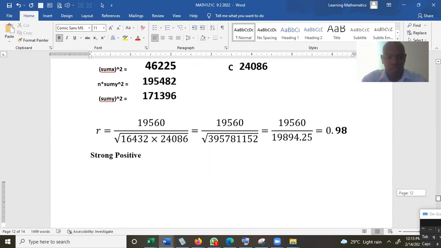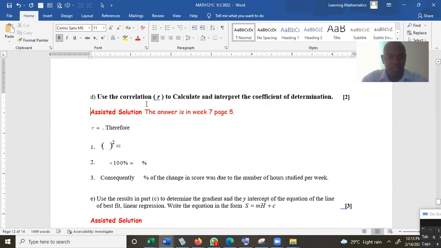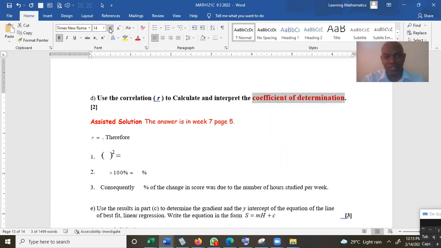Now, we're moving on to this question. It says, use the correlation R to calculate and interpret something called the coefficient of determination. The coefficient of determination is a very important term in correlation analysis.